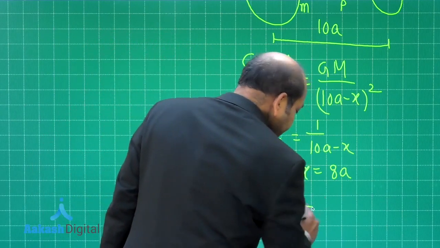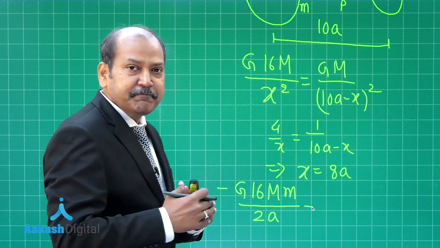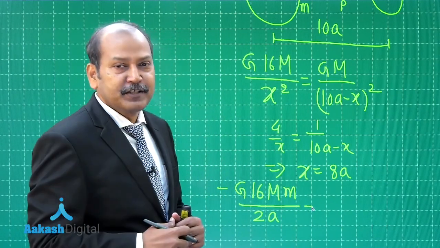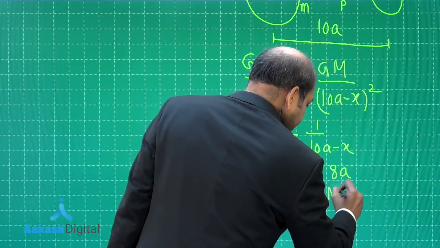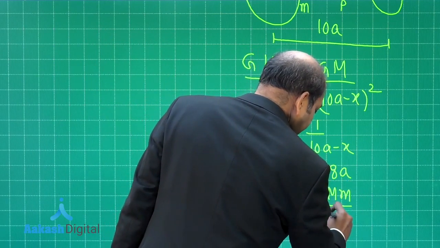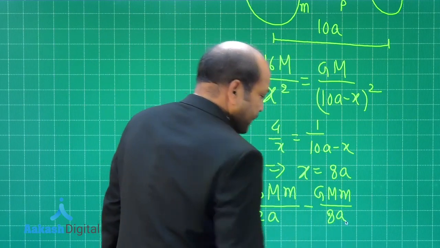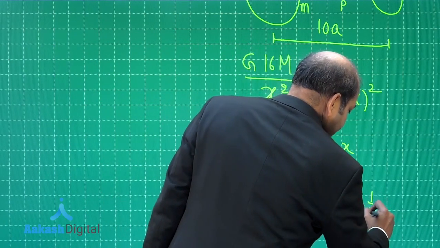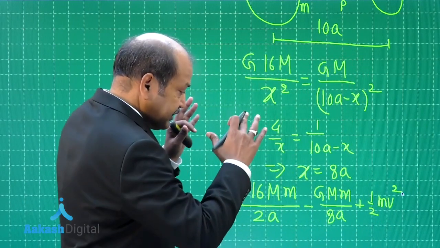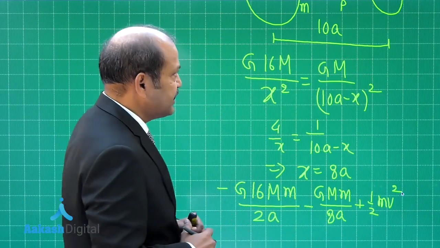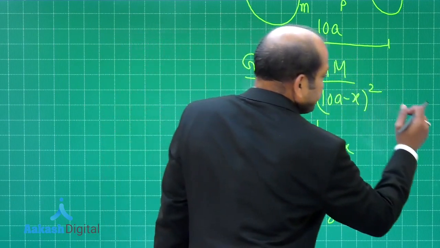Then its interaction energy at that position with the smaller sphere is minus G capital M small m divided by 8a, plus half m v square, that is its minimum kinetic energy, and with this much mechanical energy it should be able to reach point P.